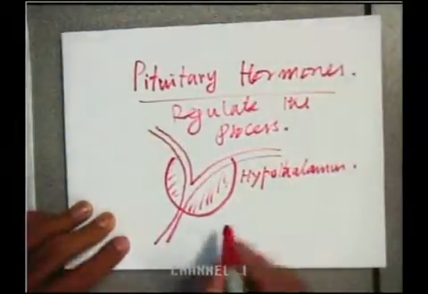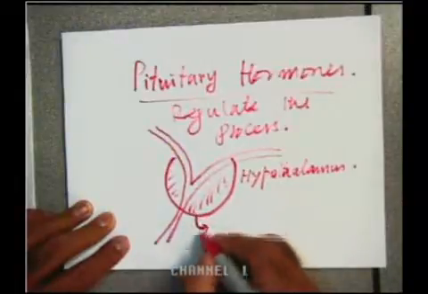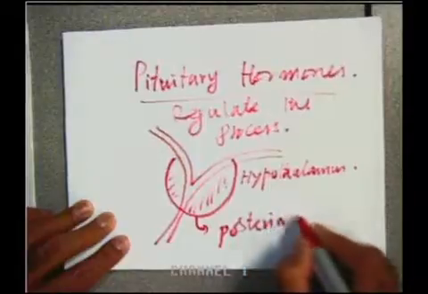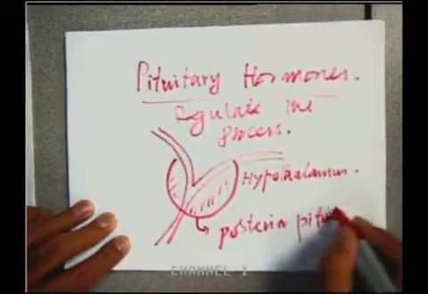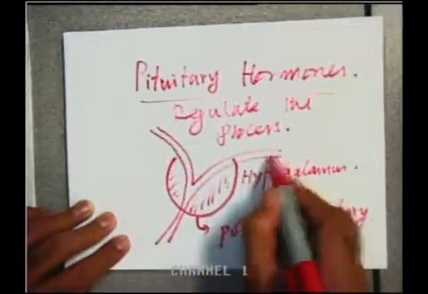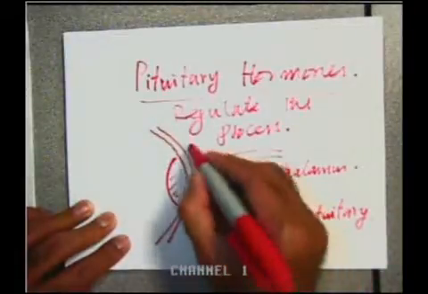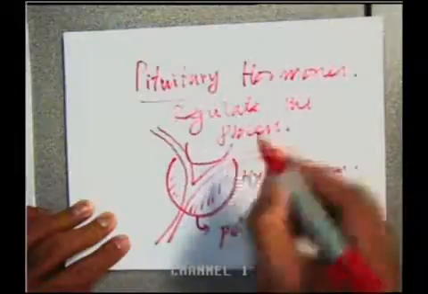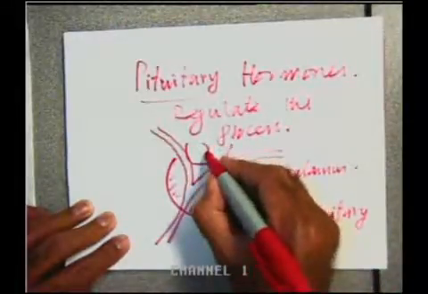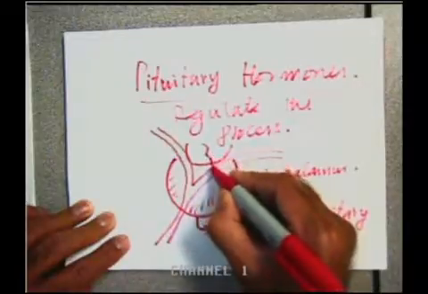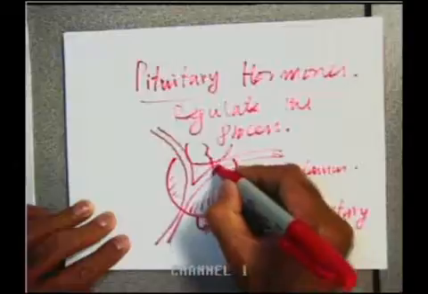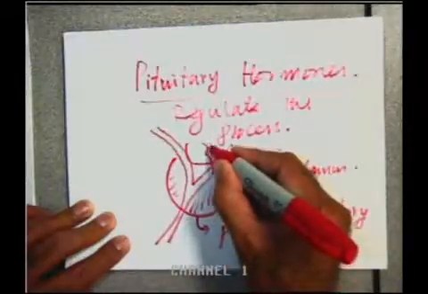This part is the posterior pituitary, and this is the anterior part, and you have neuroendocrine cells. I'm just drawing for your understanding. This is the blood capillary, and here the neuroendocrine cells.